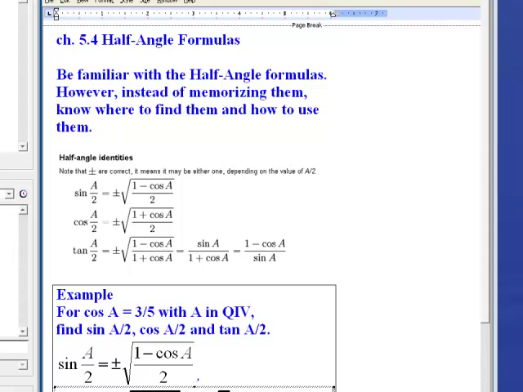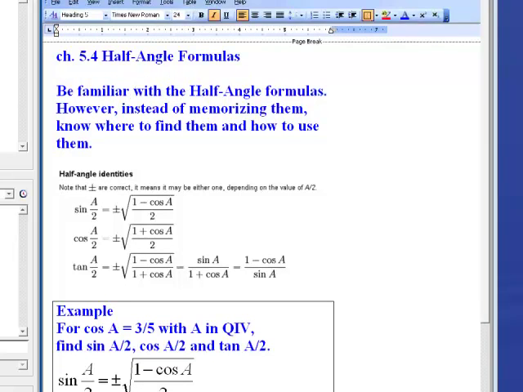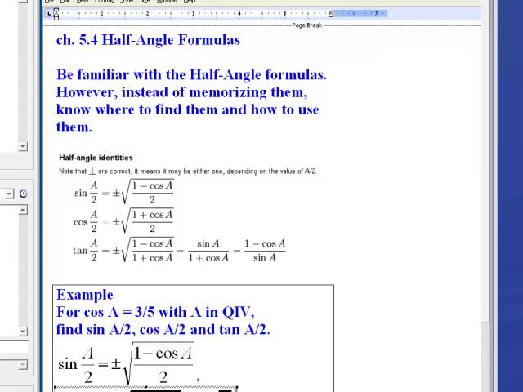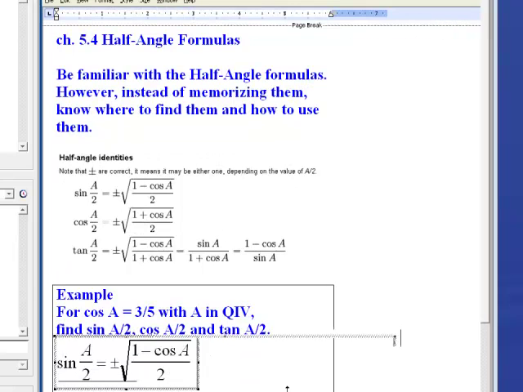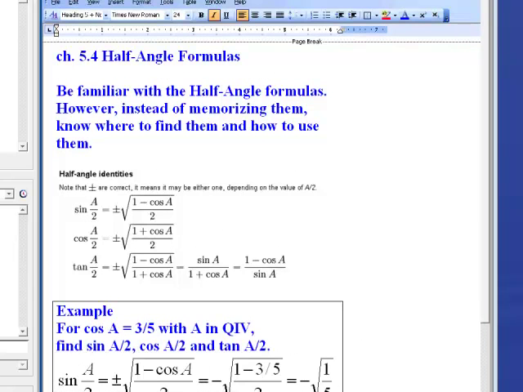Okay, let's see what we get for the next one. Cosine A over 2.